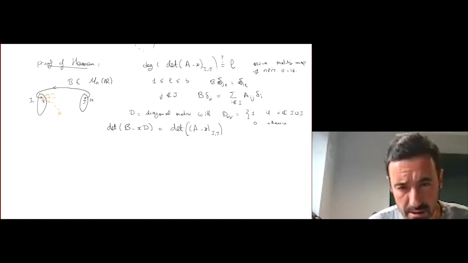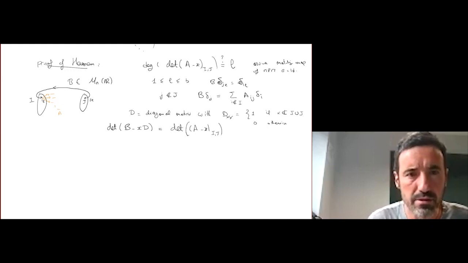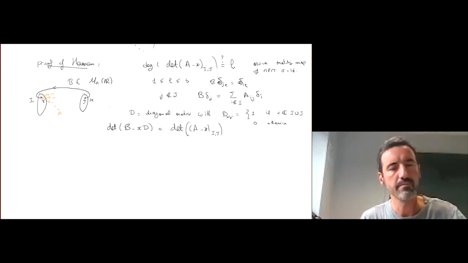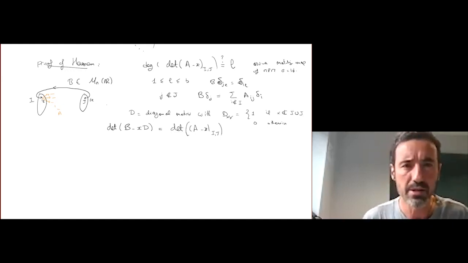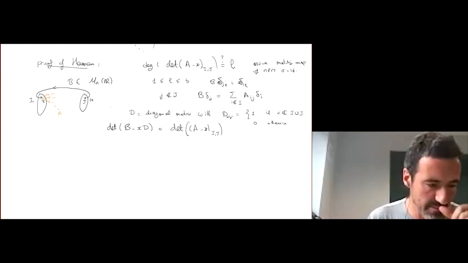The point is that it's easier to work with B because it's an n by n matrix and it's clearly built on the graph.